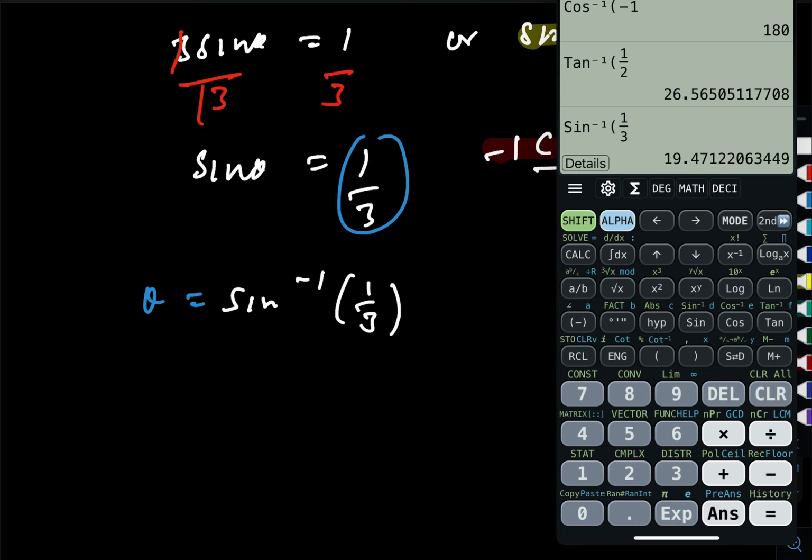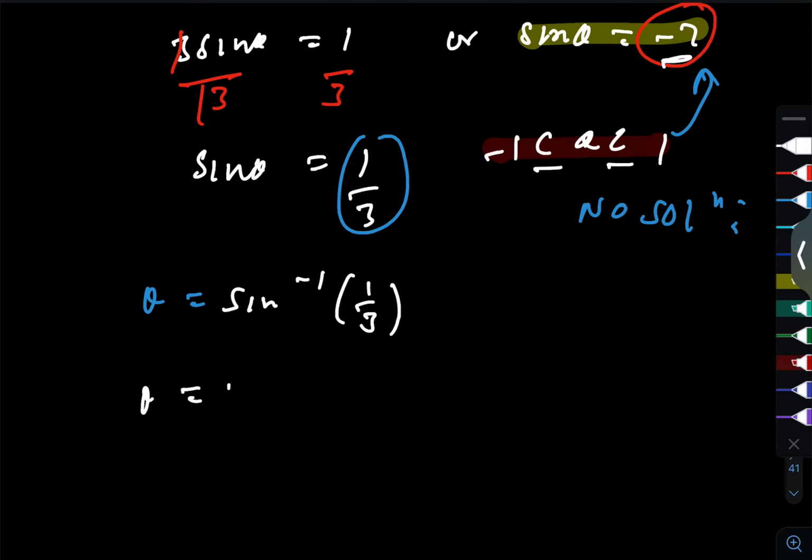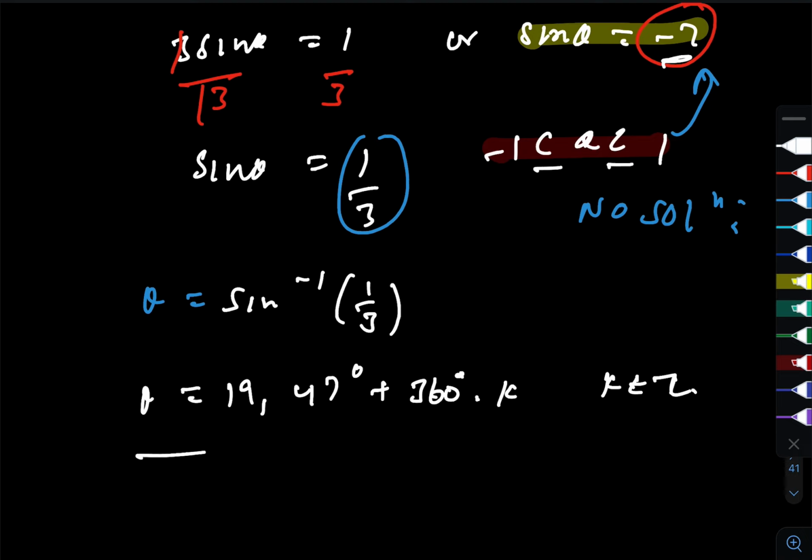The number that comes after the 7 is a 1, so the 7 will stay the same. So theta is going to be 19.47 degrees plus 360, which is the period of this function, times k, an element of the integers. And that's all you need to do.